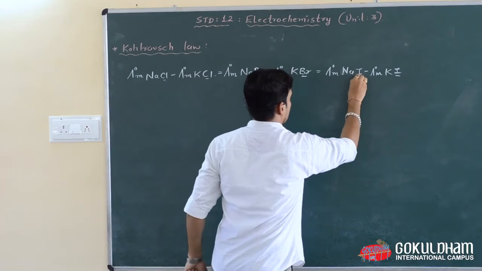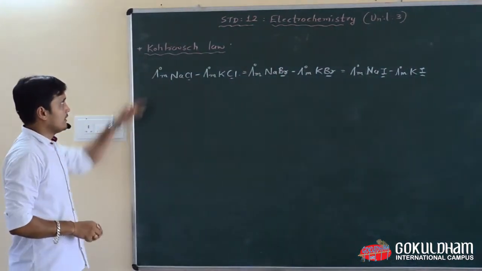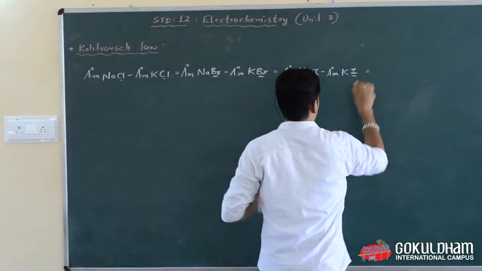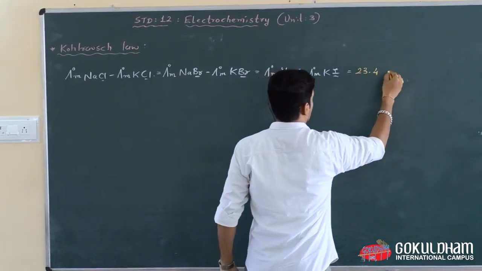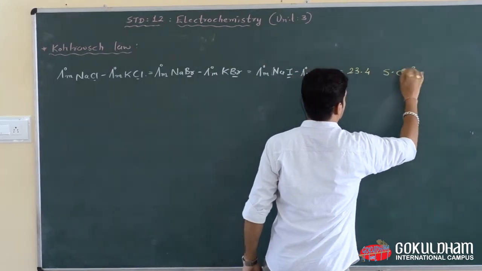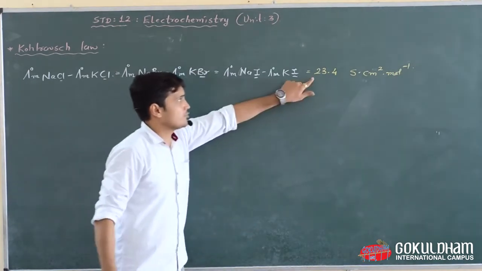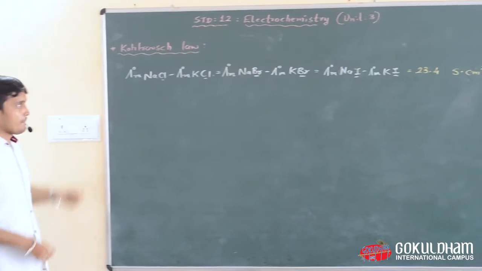In this third category, the negative ion is common. Then Kohlrausch saw that all three solution mixtures give the same result, 23.4 Siemens centimeter square per mole. The result is common for all the couples of reagents.